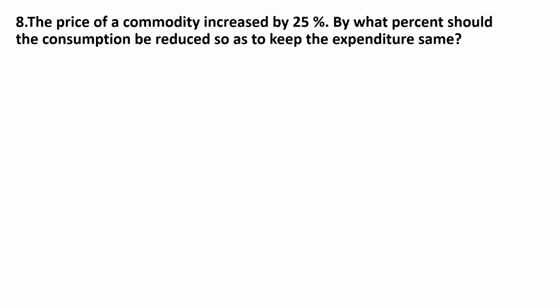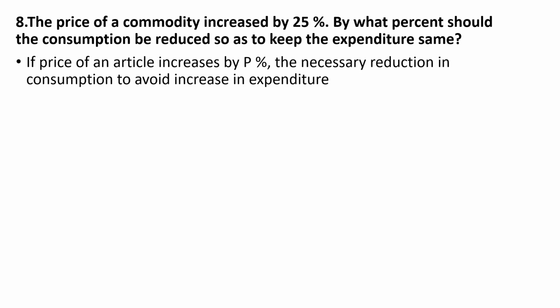The price of a commodity is increased by 25%. By what percent should we reduce the consumption to keep the expenditure the same? We know that if the price of an article increases by P%, then the necessary reduction in the consumption to avoid an increase in the expenditure is given by P divided by 100 plus P into 100%. Here the value of P is 25.